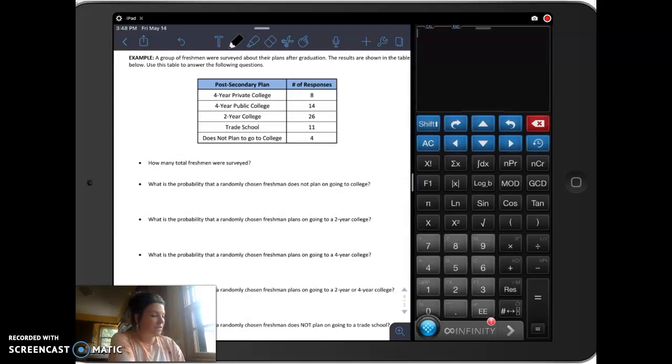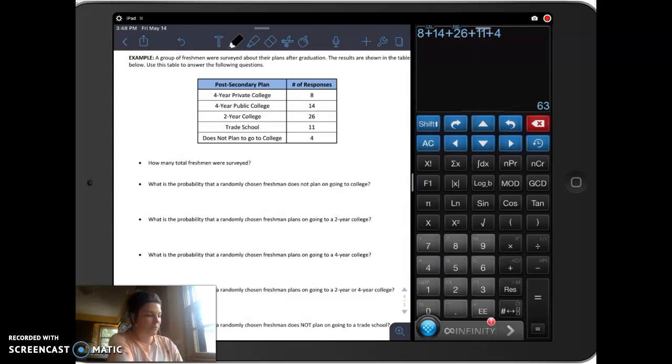All right, so this is how many people responded for each question. 8 people, 4-year. 14 people, 4-year. 26 people, 2-year. 11 people, trade. 4 people, no college. How many total people is that? Let's add it up. 8 plus 14 plus 26 plus 11 plus 4.